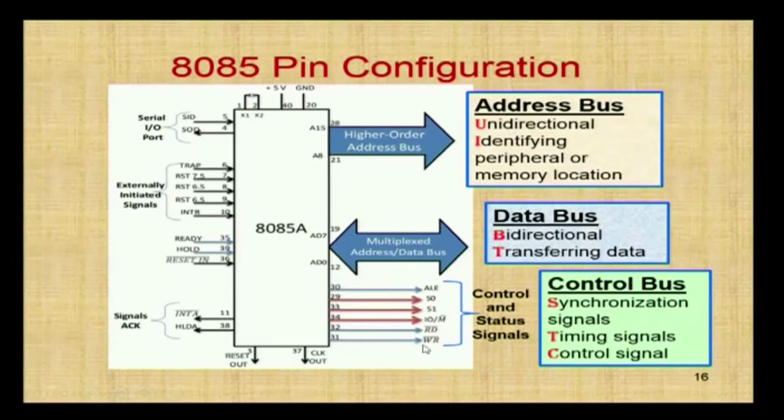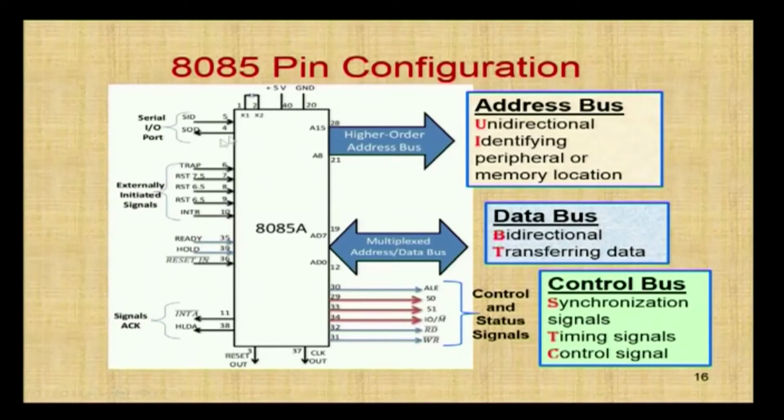And then you have to initiate the read operation, write operation, and then you have to distinguish between memory location and input output port location. For that you have the control pins. These control pins, what you see here, will synchronize the various operations with reference to clock, and they will time the read operation, write operation, data and other data transfer operations between the memory and the I/O ports.